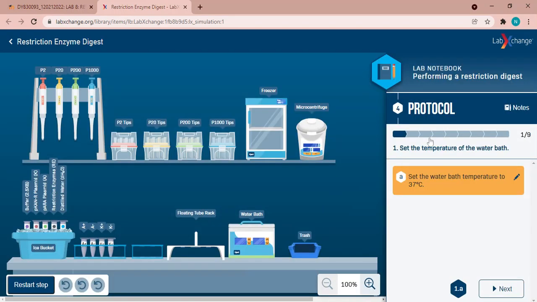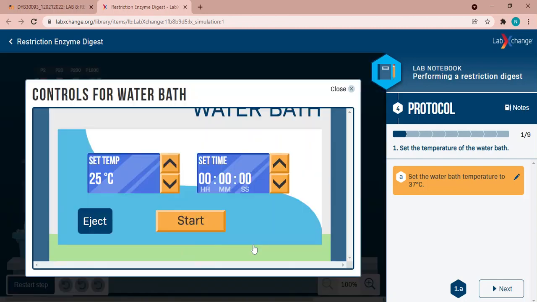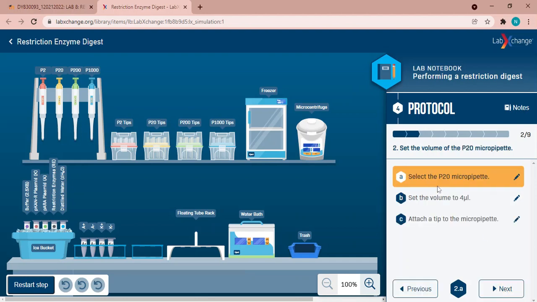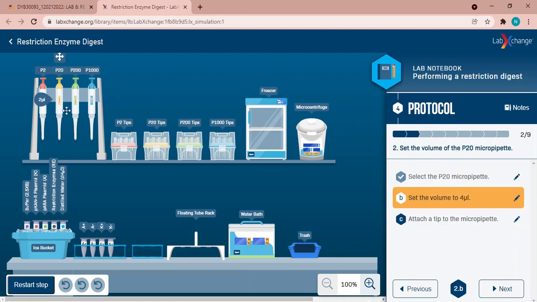So first, set the temperature of the water bath. Okay, set the water bath temperature to 37 degrees Celsius. Okay. So next, select the P20 micropipette and set the volume to 4 microliters.